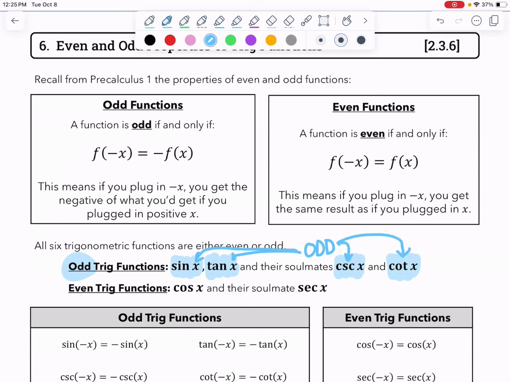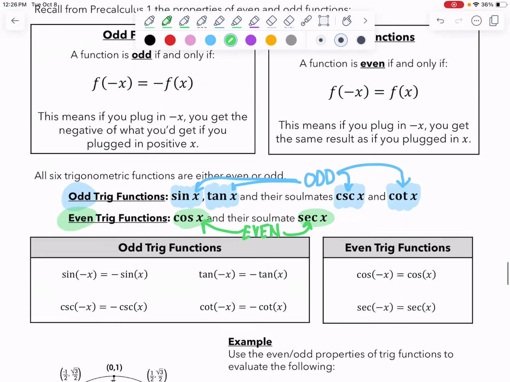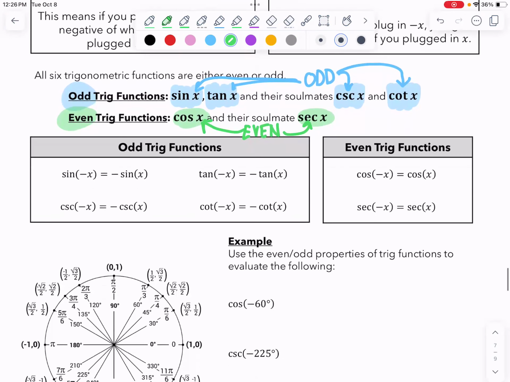And then the other two, cosine and his soulmate secant, those are both even. So if you put all of that together, with sine, if there's a negative on the inside, you can just take it on the outside instead. Same with cosecant, tangent, cotangent. And with cosine and secant, the negative on the inside can just be destroyed.